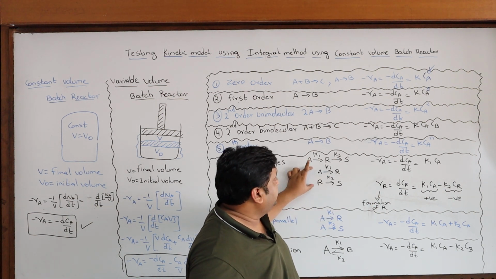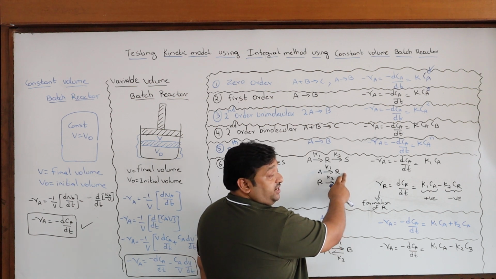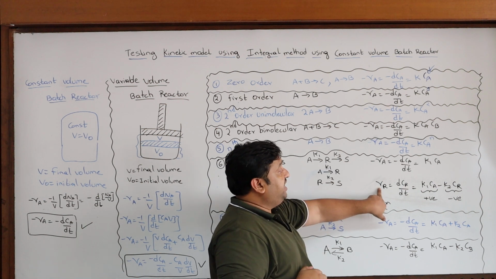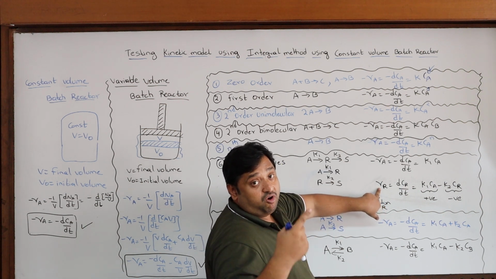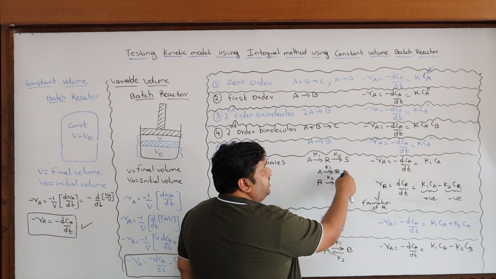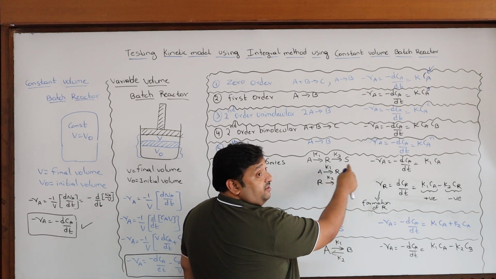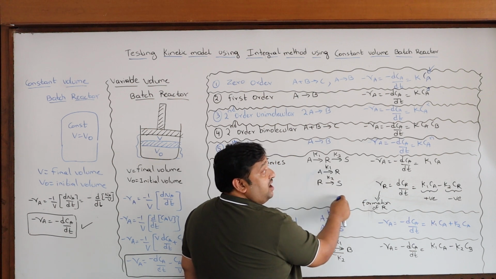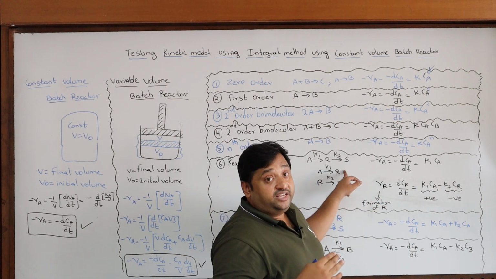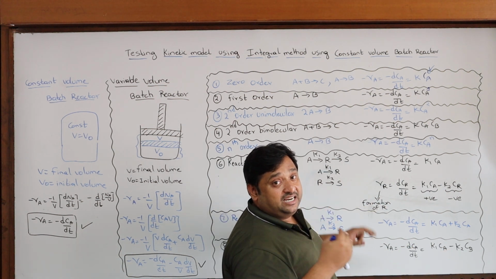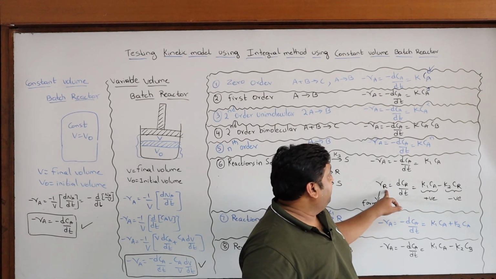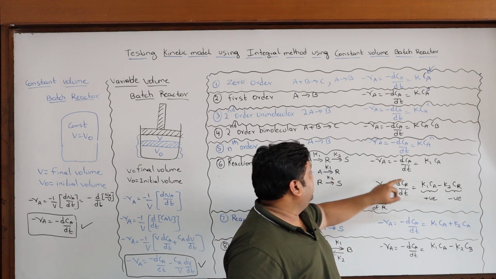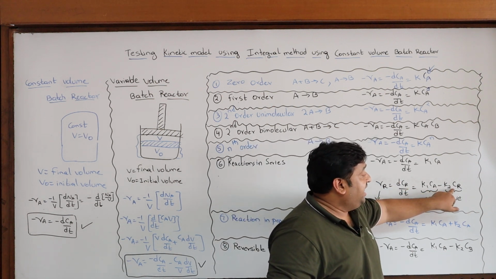Because of the 2 reactions, if R is our product, we have to maximize the production of R. Among these 2 reactions, the first reaction is helping the formation of R, and the second reaction is decomposing R. That means the first reaction is a positive reaction for R, and the second reaction is a negative reaction for R. That is why the formation of R is dCr by dt, which is K1 into Ca minus K2 into Cr.